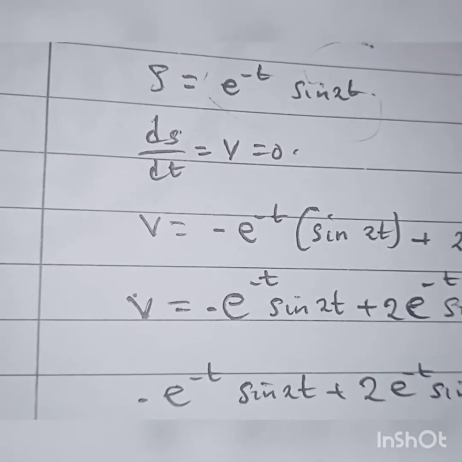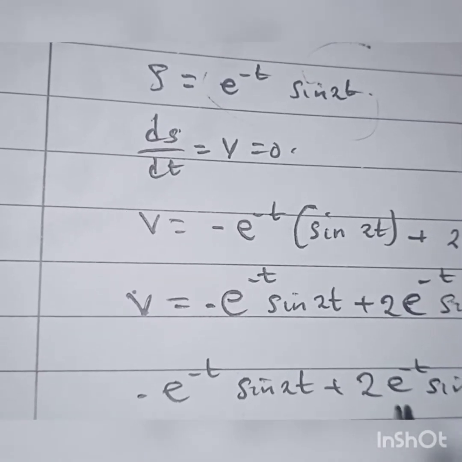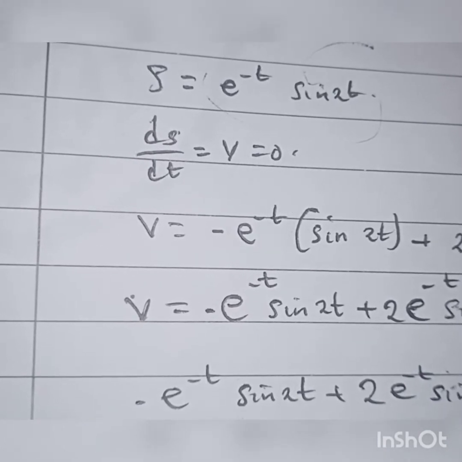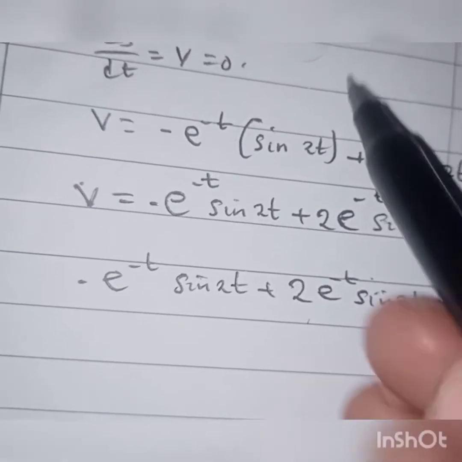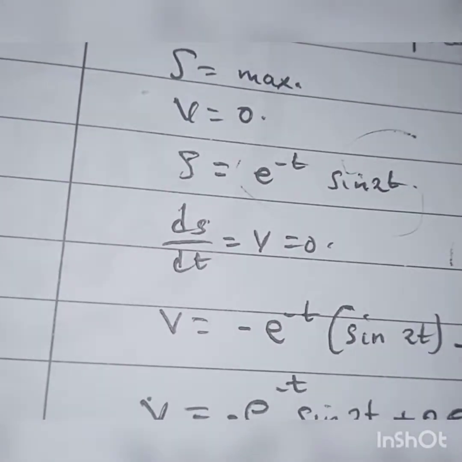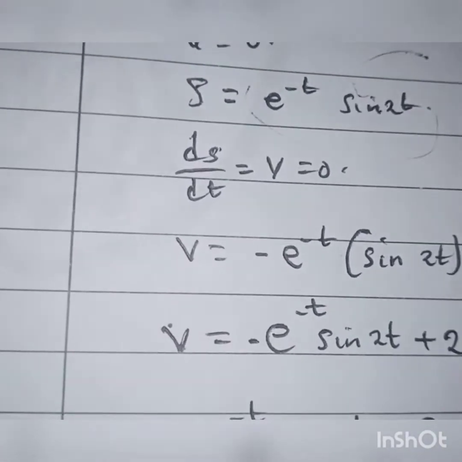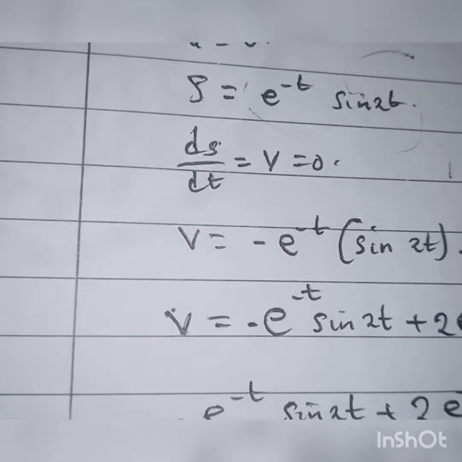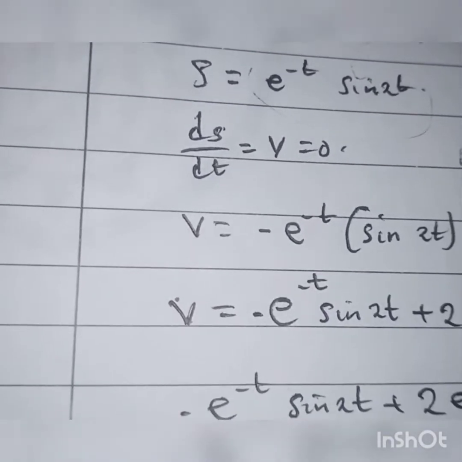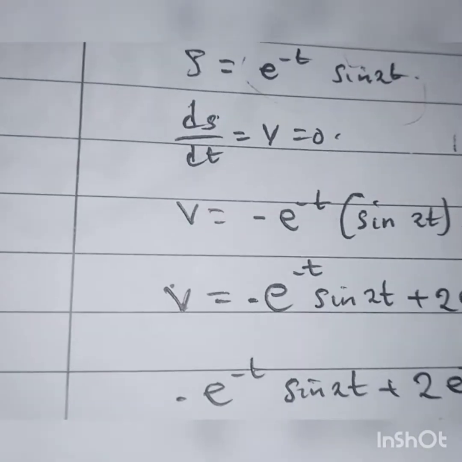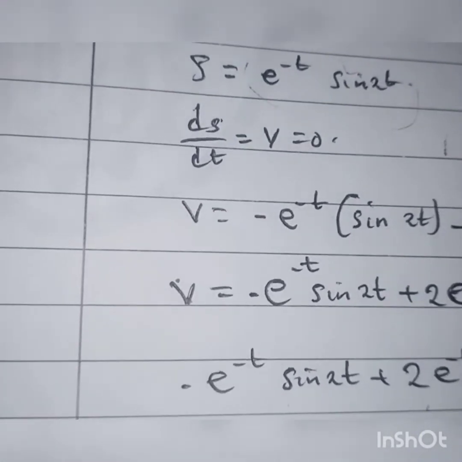No. The derivative of sine 2t should be 2 cos. When we differentiate sine of theta, it just gives you cos of theta. So I'm sorry, here should be cos, and here should also be cos.